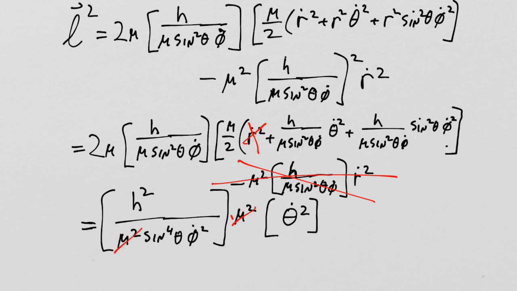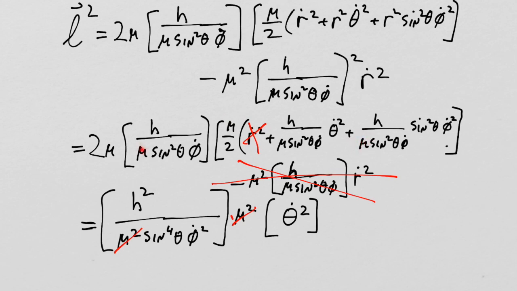And then that leaves us with this term to handle. But this term is going to massively simplify because you have a phi dot squared in the numerator, phi dot here and a phi dot here, so the phi dots completely go away. This sine squared cancels with that sine squared. This mu cancels with this mu.